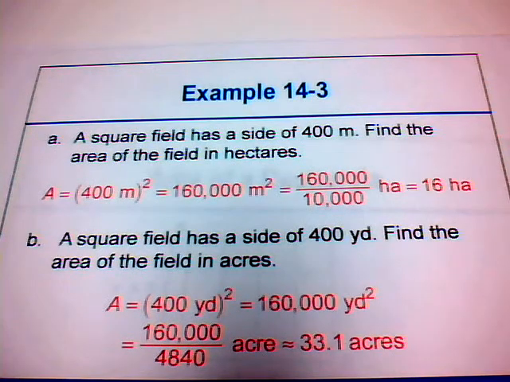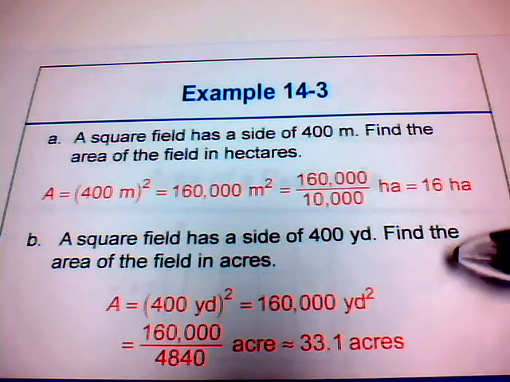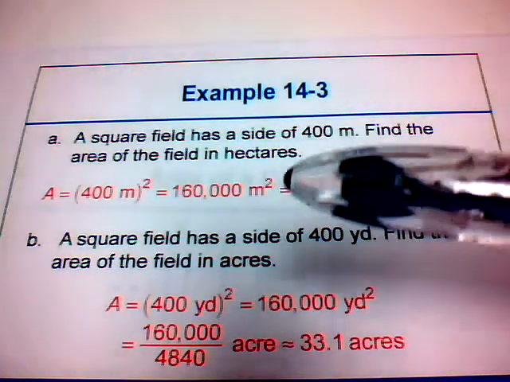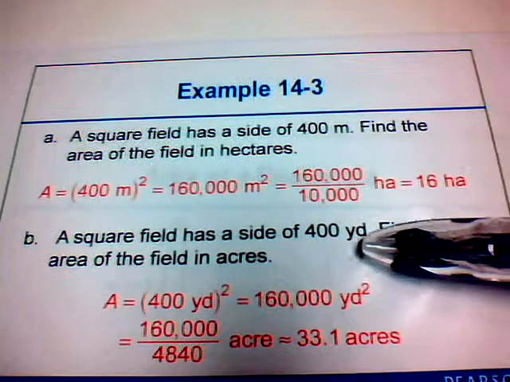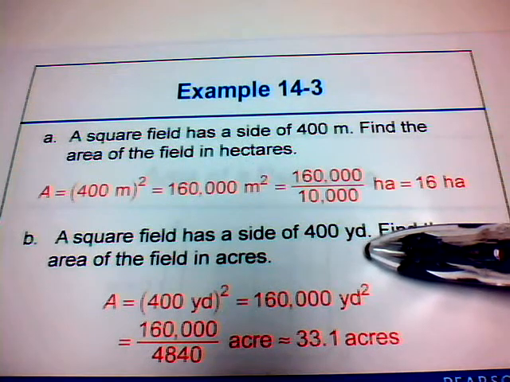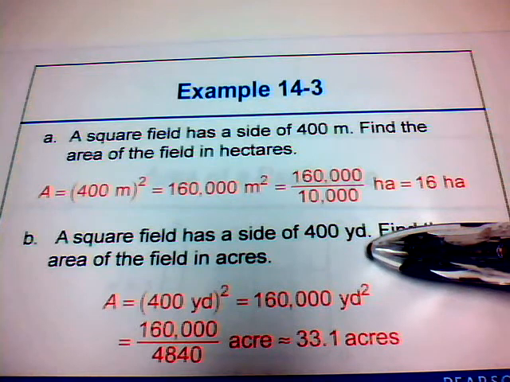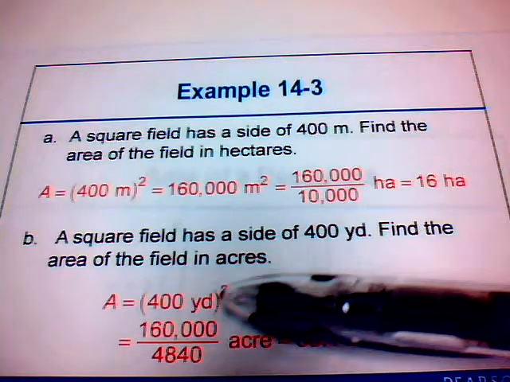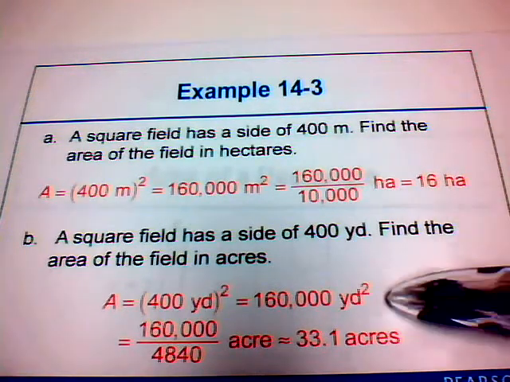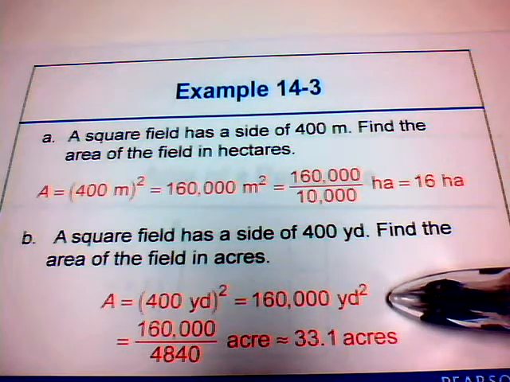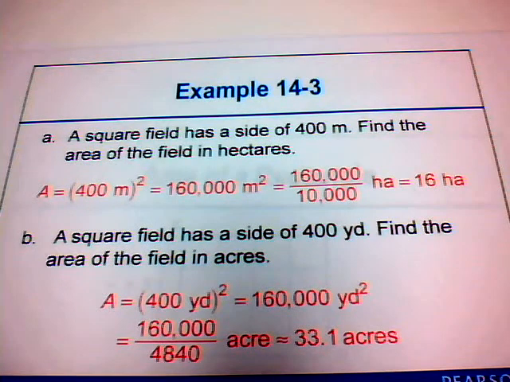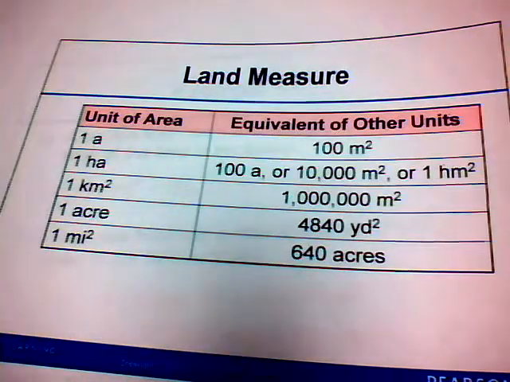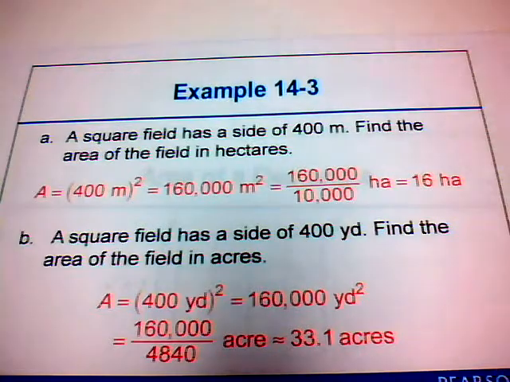Part B, a square field has a side of 400 yards. Find the area of the field in acres. Okay, so here the length of the side is 400. It's a square field, so that means we're going to square the length of the side. 400 yards squared will be 160,000 square yards. Okay, now back to the other slide, you're going to find that 4,840 square yards is equal to 1 acre.